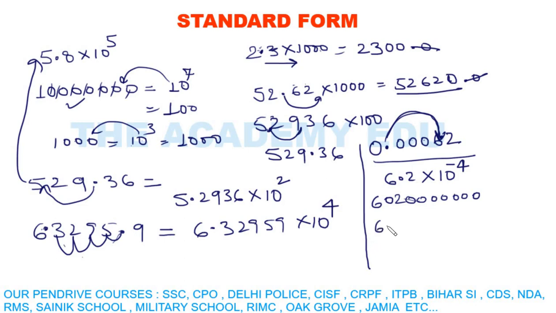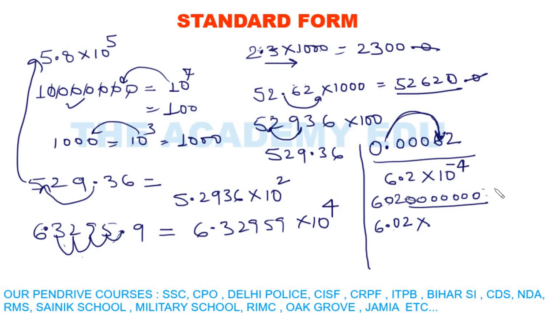I will write 6.02, and don't write these zeros because they are not significant. After the point, trailing 0, this is called trailing 0. This is not significant. This 0 is significant, so I wrote it. But after the point, if there are only zeros, they are not significant. So leave it.